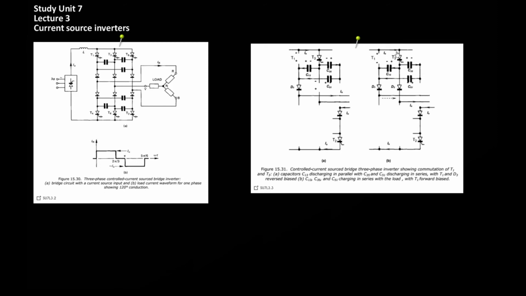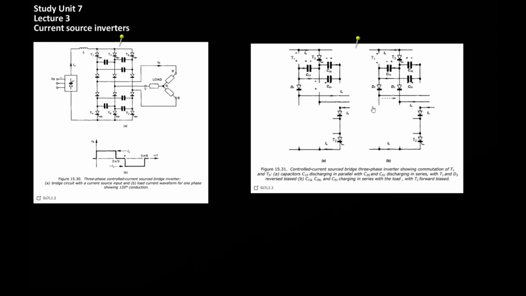Once T3 has been commutated and T1 is conducting, it will be possible to allow T2 to conduct to T4, but this will only happen pi/3 radians later in the switching cycle, and that's when this part of the conduction phase starts.